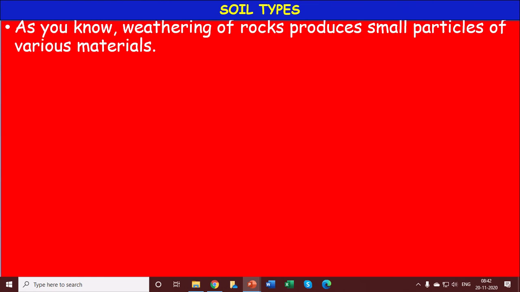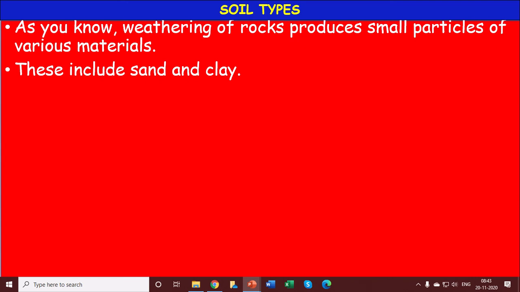The soil types today. What are the different soils and the types of soils, how they are useful, in what way we prefer those soils, what type of soil is suitable for growing different types of crops. Okay, as you know, the weathering of rocks produces small particles of various materials.